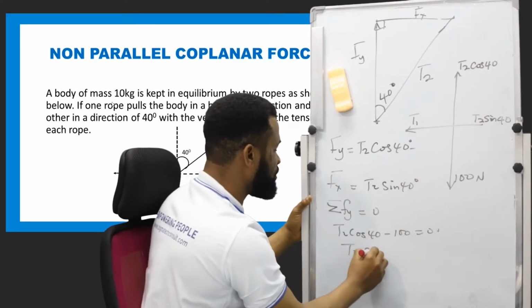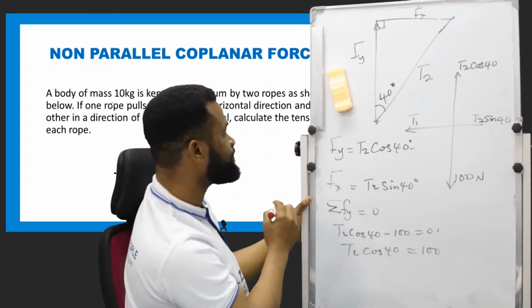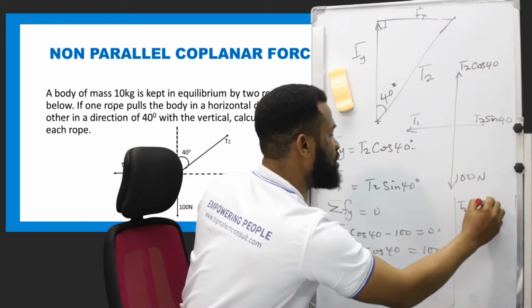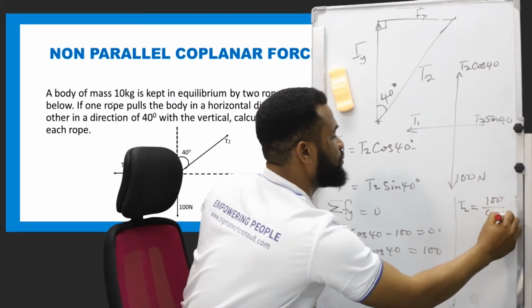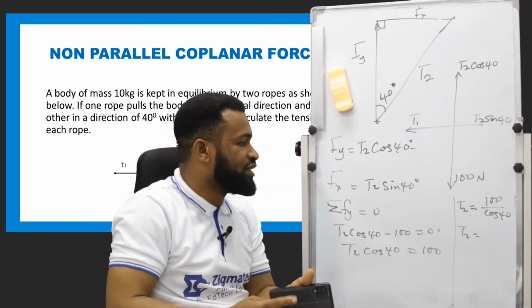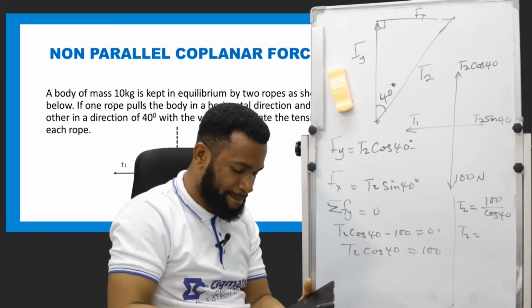That means T2 cos 40 is equal to 100. That means my T2 is going to be 100 over cos 40. T2 is what? Use our calculator to find cos 40 degrees.